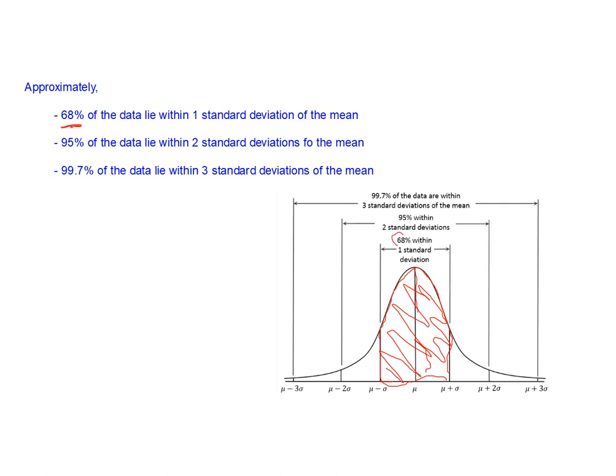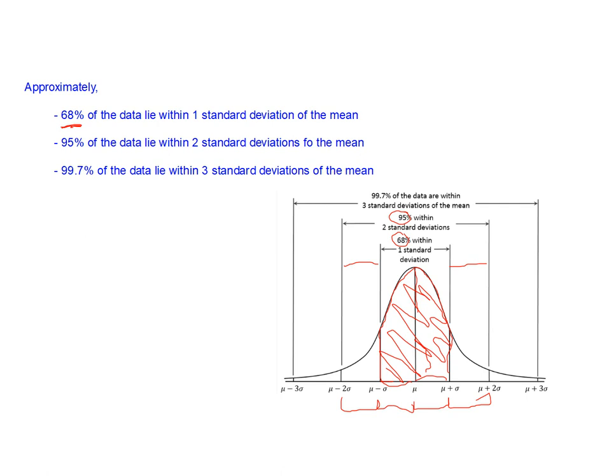Now, if we reach a little bit further, so we go another standard deviation out to the right and to the left, it turns out that 95% of the data lie within two standard deviations. So here's the mean. We went over one standard deviation, and a second standard deviation in both directions. And we find that 95% of the data lies within two standard deviations of the mean.